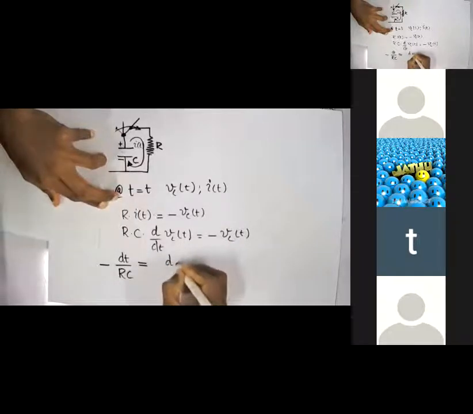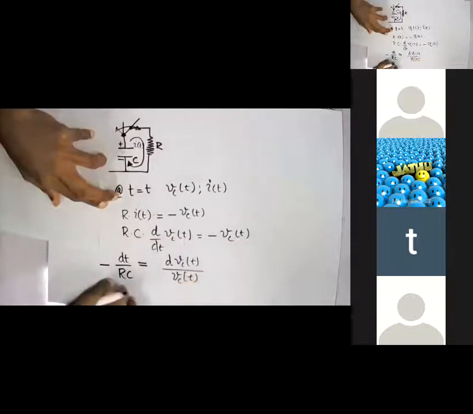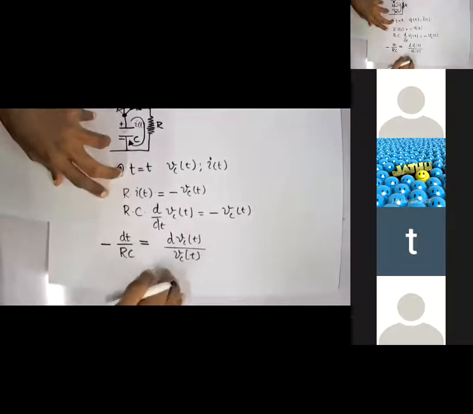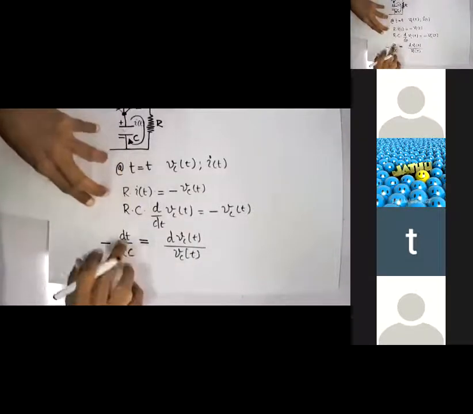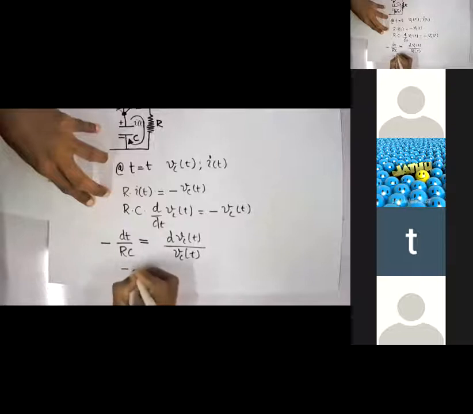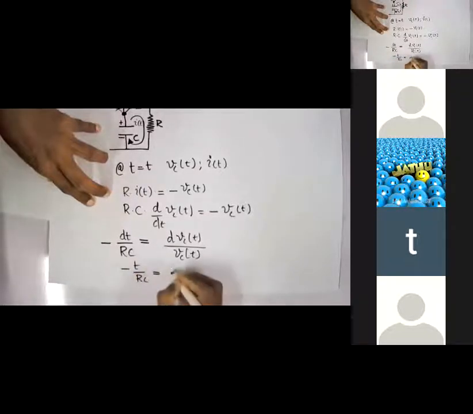So again, just integrate both sides. So this becomes minus t by RC, and on the other side the integral of dVc of t divided by Vc of t.